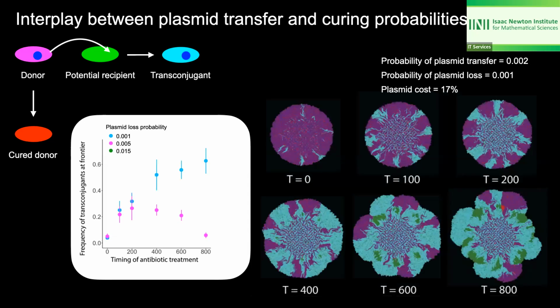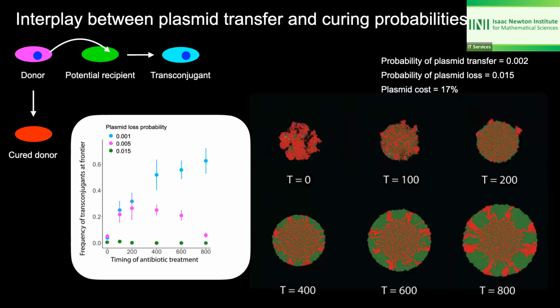When she then turns the plasmid loss rate down, she can actually generate scenarios where we get the exact opposite of our initial expectation, where we actually get an increasing relationship. The idea here is that the plasmid transfer rate is sufficiently higher than the plasmid loss rate and the consequences of the cost that the plasmid can still continue to spread. And then we continue to get transconjugants that increase monotonically the longer and longer we wait to apply antibiotics.